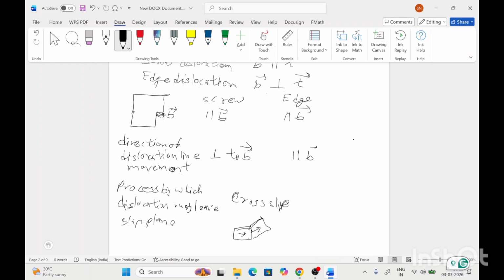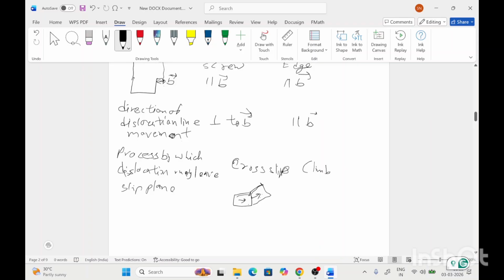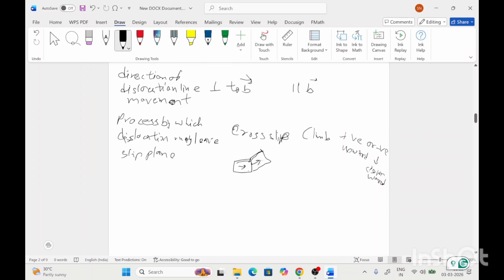And for edge dislocation, the dislocation leaves the slip plane by climb. Climb can be positive or negative. Positive means upward, and negative means downward. How can we say that it is upward or downward?